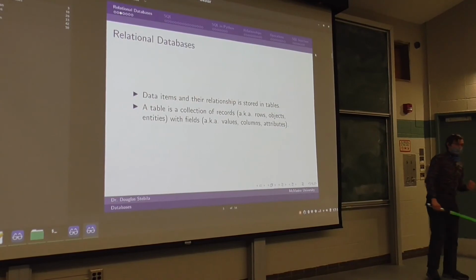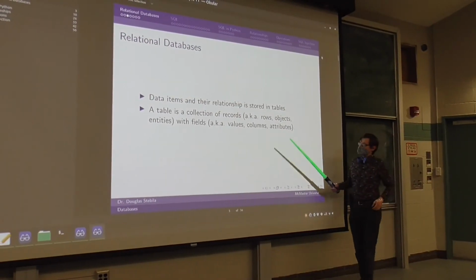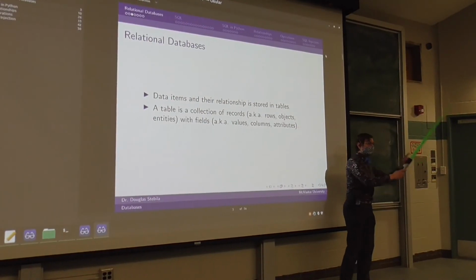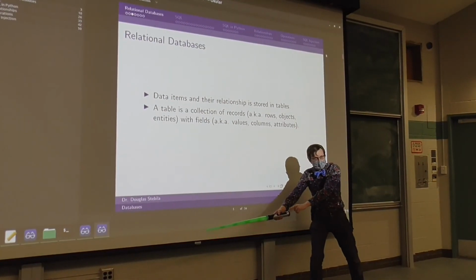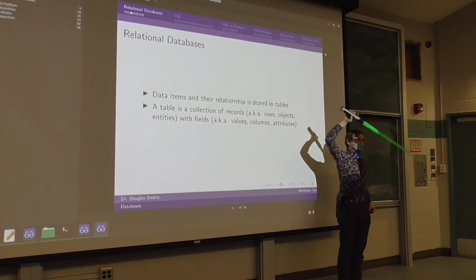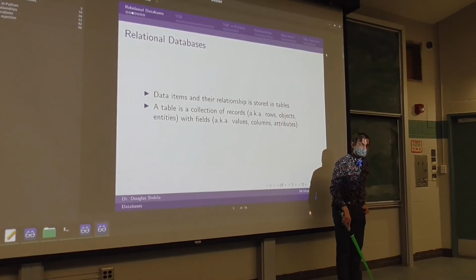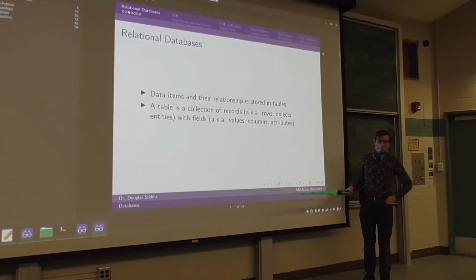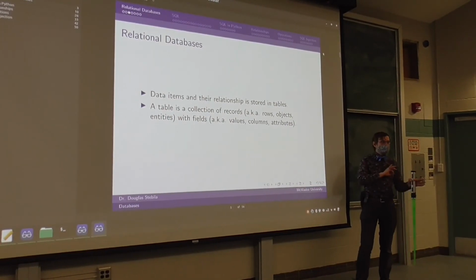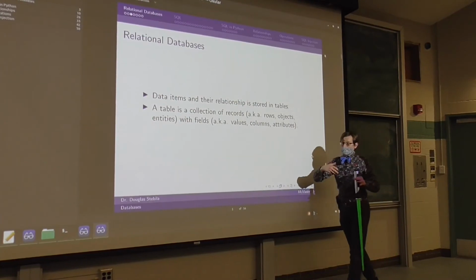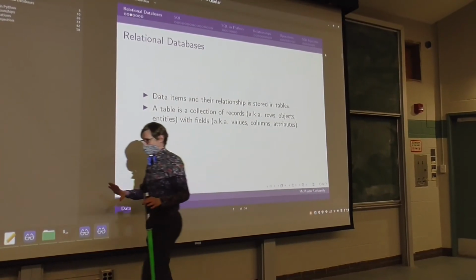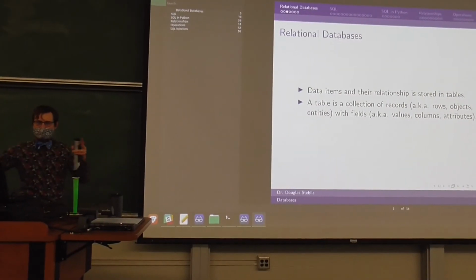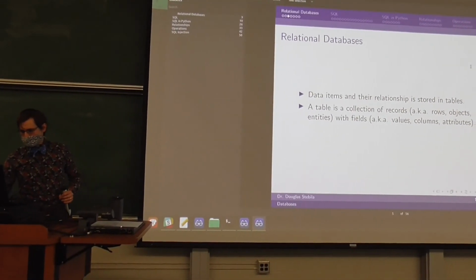In relational databases, sheets are tables, rows are entries, and columns are fields. That's the terminology. If you use spreadsheets as your mental model for how this works, it's not bad, although it has its own eccentricities.